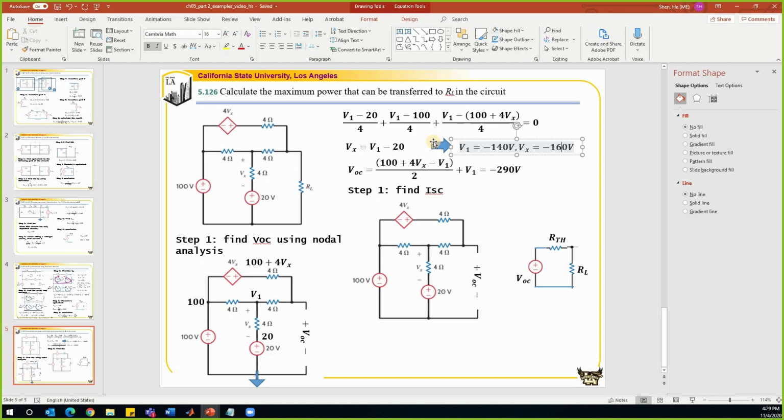So V1 is equal to negative 140. Yes, you are correct. So V1 is negative 140 and Vx is negative 160.